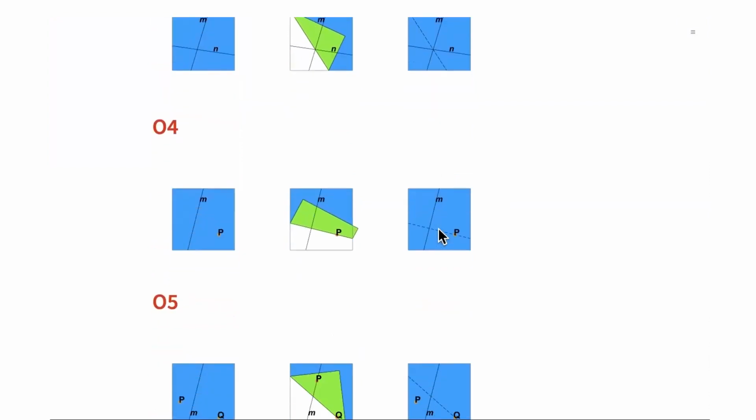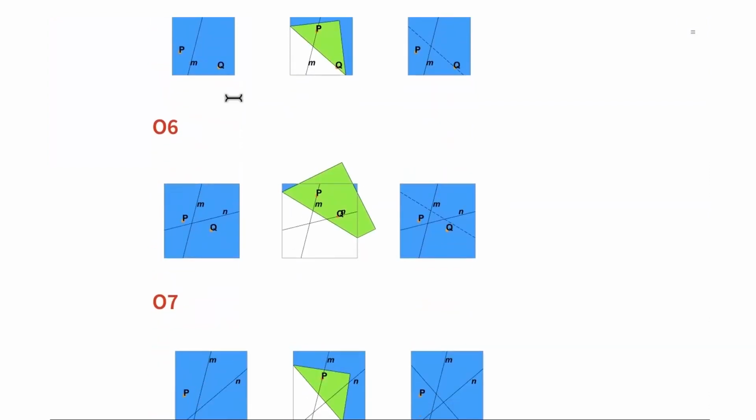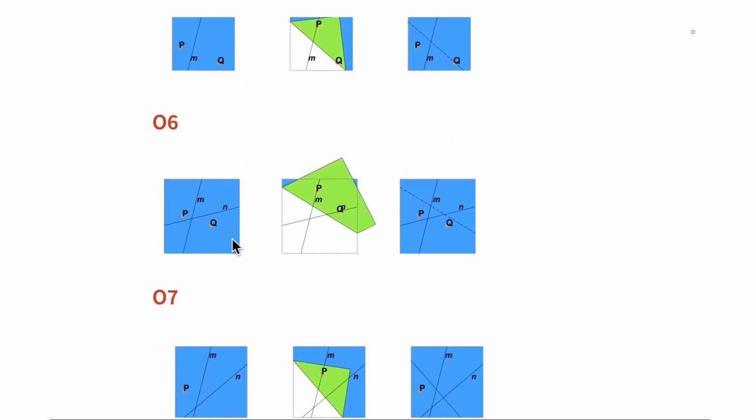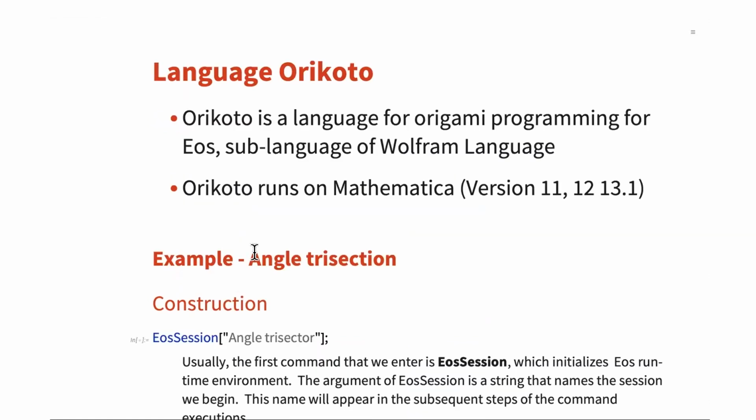O4, O5, and O6 are more involved. This rule says that given 2 lines and 2 points, you superpose one point onto one line, and the other point onto the other line. And you don't need to do a special computation. Our system starts by implementing these Fujita-Justin rules.